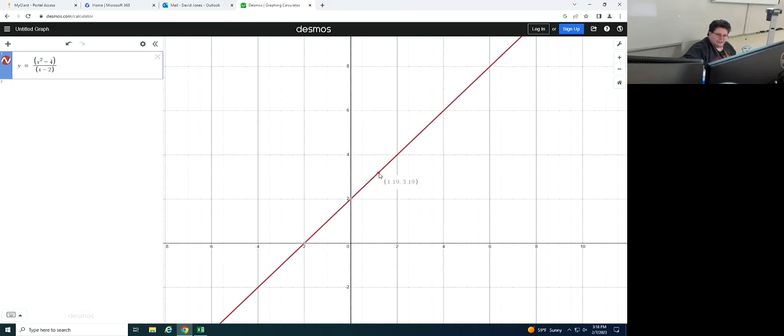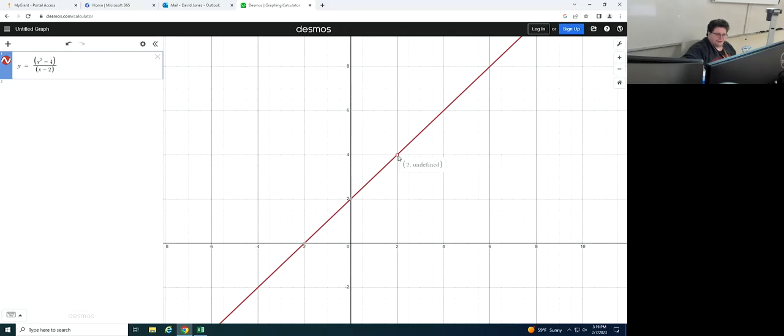So as I get closer to 2, that number is getting closer to 4, isn't it? It's really close to 4. 1.99, 3.99. As soon as I get to 2, it says undefined.